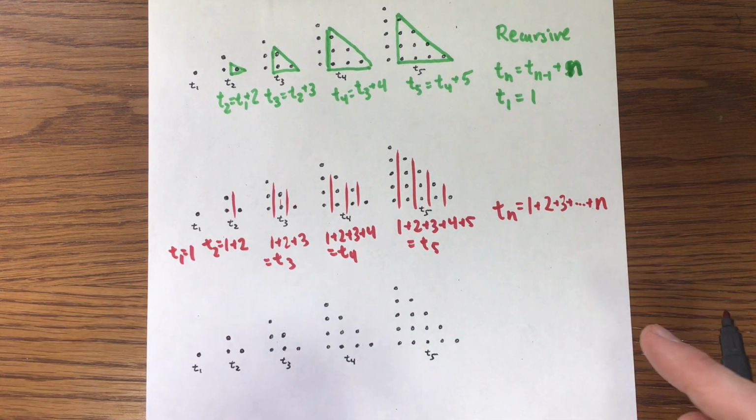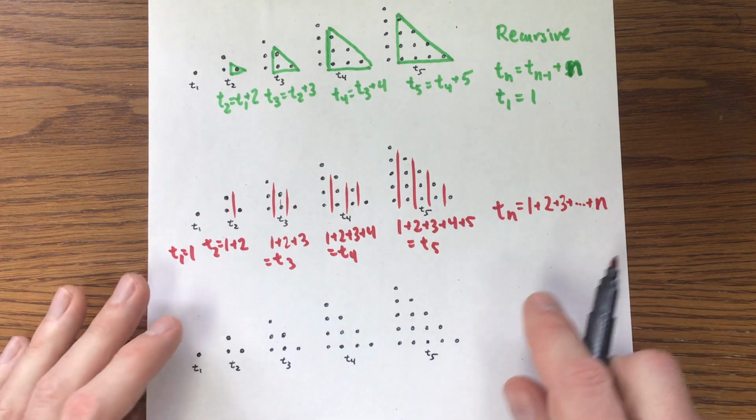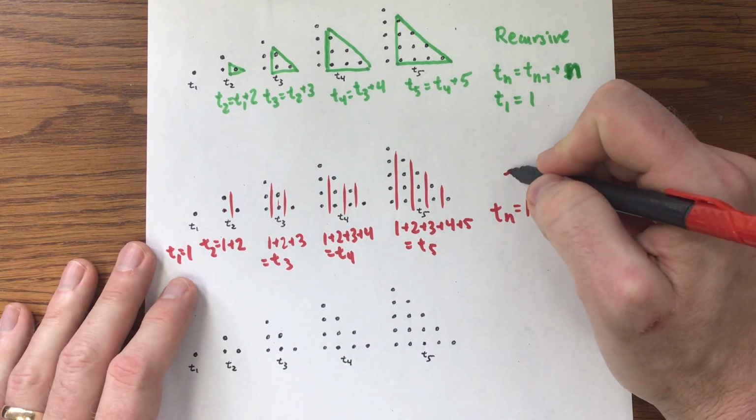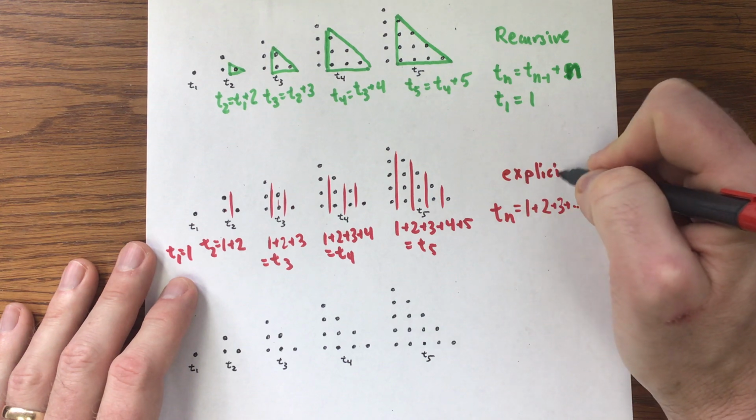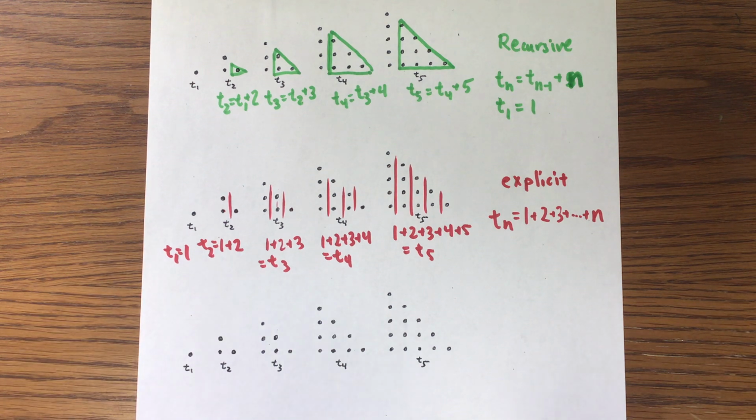This doesn't require the previous number. If you wanted T95, you would just add up 1 plus 2 plus 3 plus 4 all the way up to plus 93 plus 94 plus 95. That would be a long way to do it, but this is an example of an explicit formula. It's probably not my favorite explicit formula because for large indexes, like T200 or T5000, I would have to add up 5,000 numbers. That would be a long way of doing that. But that is an example of an explicit formula.